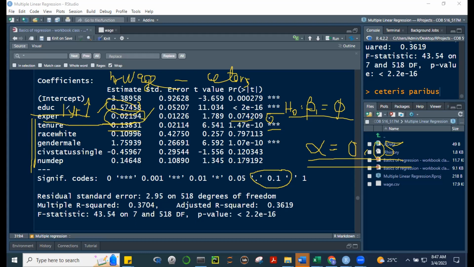And do you notice, didn't we a while ago say that education and tenure have high correlation with our hourly wage? And it does show here, no? That they're significant predictors of hourly wage. They have high correlation with hourly wage. Si experience, di ba, mababa? Di ba?